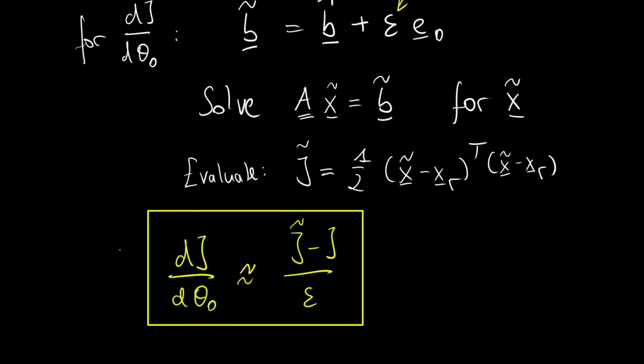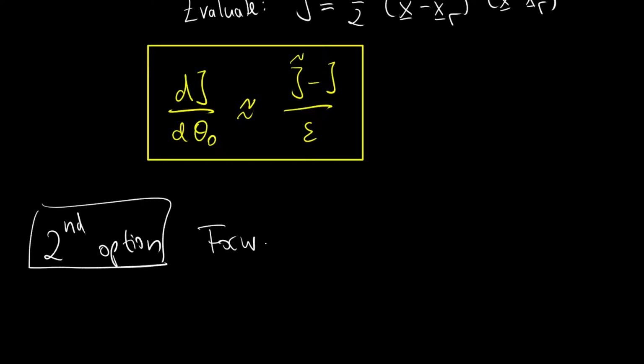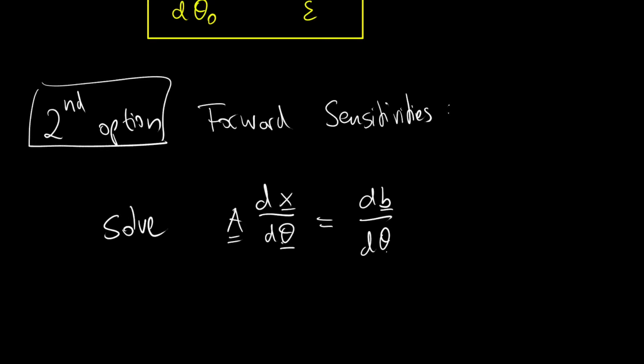But now, speaking of the other methods, the second option we have is to use forward sensitivity analysis. So it will be forward sensitivities. For the forward sensitivities, we solve an auxiliary system that is given as A times dx by d theta equals A db by d theta minus dA by d theta times x.